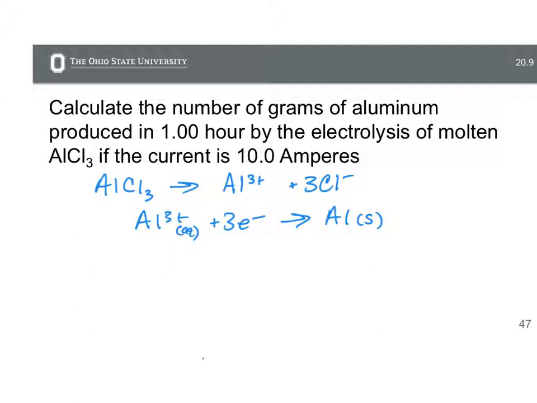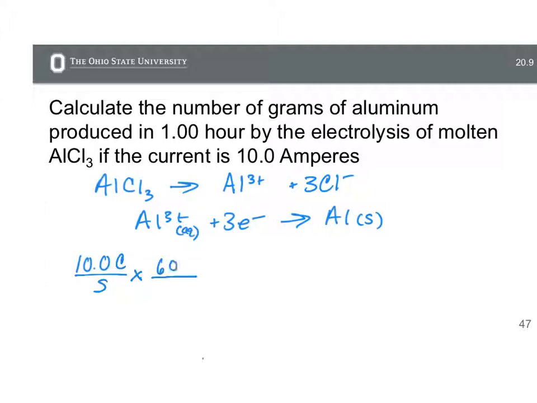Sometimes it's tricky to figure out where to start. We've got 2 options essentially, 1 hour or 10 amperes. Could probably start with 1 hour, but that's not what I would do. So I'm going to start with the way I would do it, which is 10 coulombs per second. It's 10 amps.